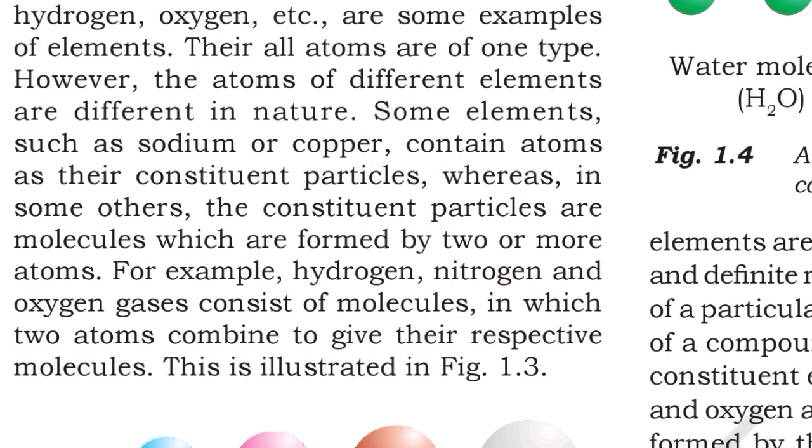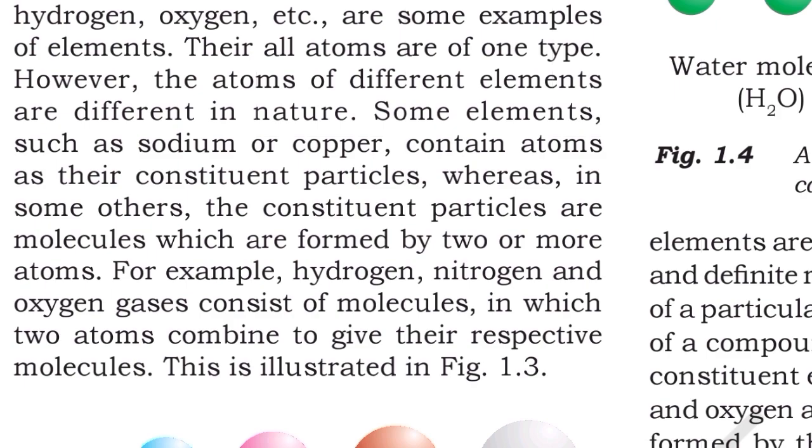Some elements such as sodium and copper contain atoms as their constituent particles, whereas in some others the constituent particles are molecules which are formed by two or more atoms. For example, hydrogen, nitrogen, and oxygen gases consist of molecules in which two atoms combine to give their respective molecules.